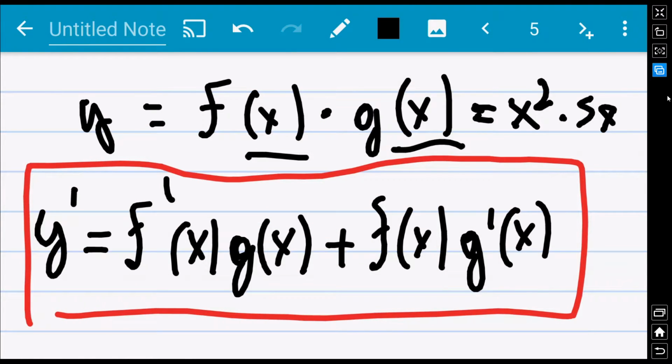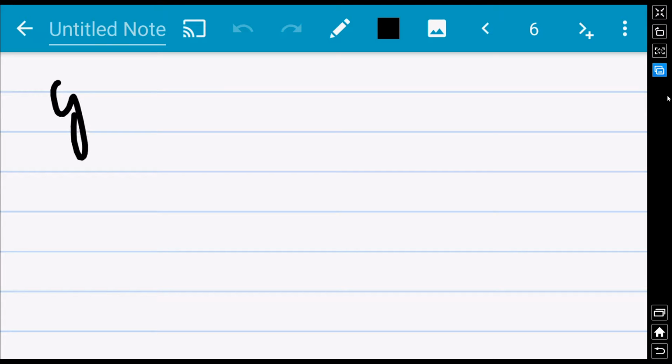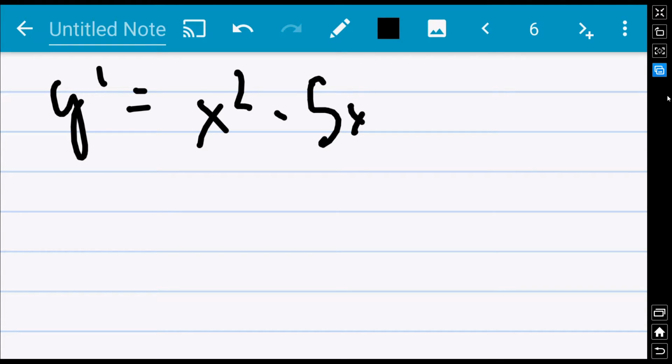Now let's do some examples so it's easier to understand. Let's say x squared times 5x. Well, you can do this in two ways. This was a bad example because you can just multiply them.